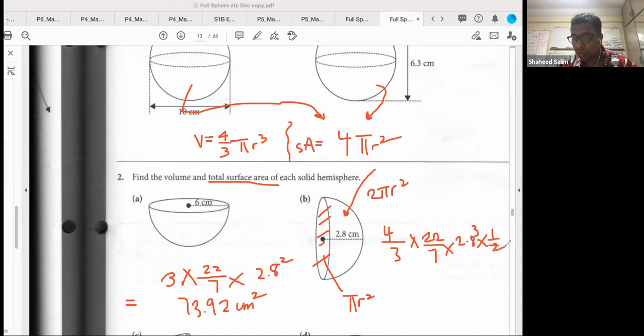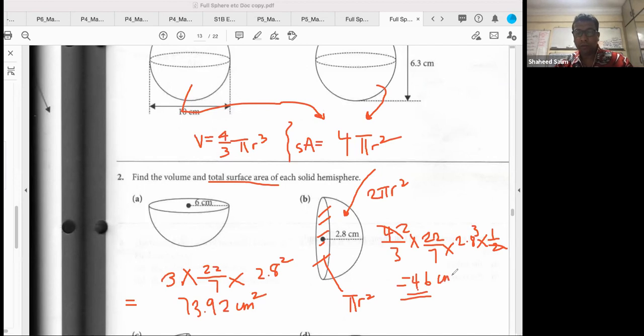So this 2 can cancel down here. You get 2/3. So put it inside your calculator and find out now. 2 divided by 3 times 22, then divide by 7 times 2.8 in brackets, cubed. You will get the answer roughly 46.